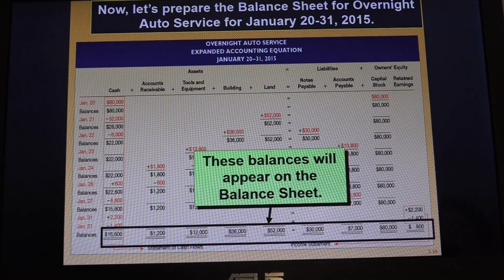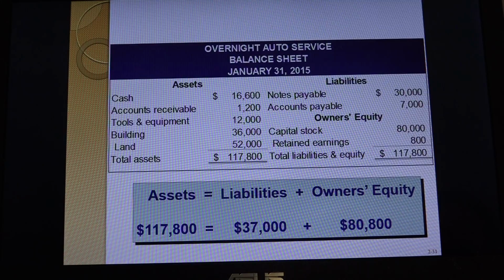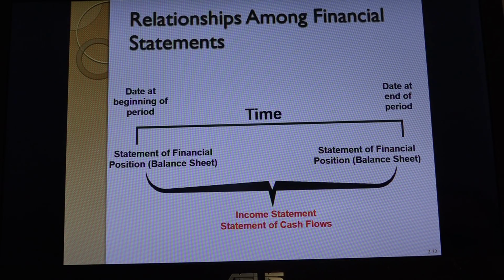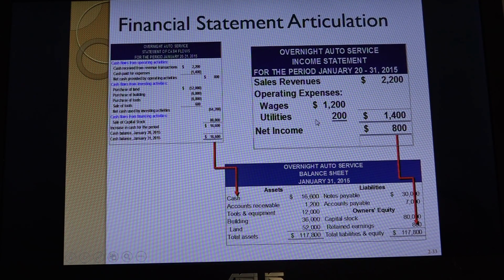And as noted before, your balances in the balance sheet appear at the bottom of this worksheet. And so after it's all said and done, your balance sheet is still in balance, just a different amount than when you began. And so when you prepare these, you're going to start by preparing your income statement first.